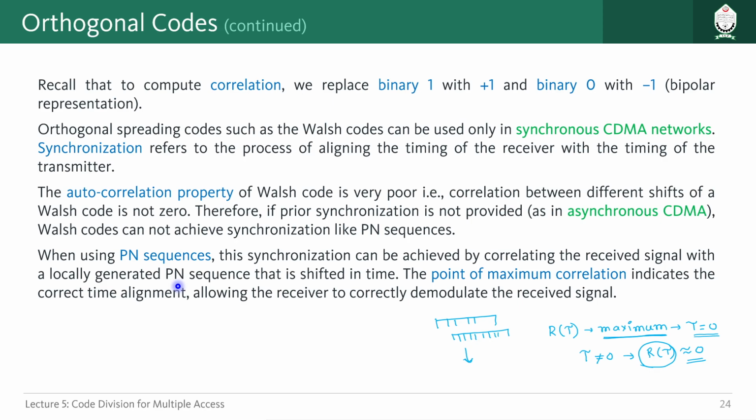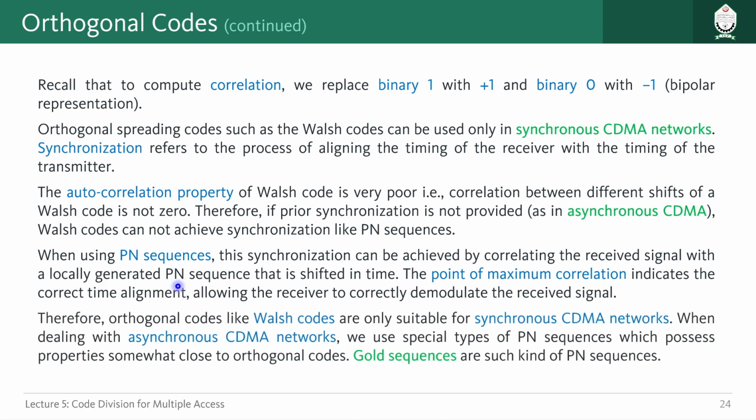That's why orthogonal codes are not always desired. Practically, most of the time, we use special PN sequences that fulfill some of the properties of Walsh codes as well as PN sequences. Okay, so that is what is written here.